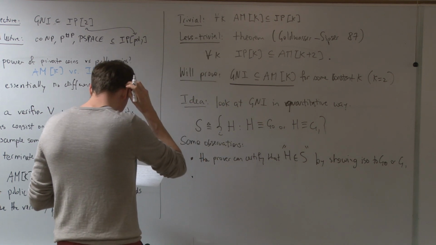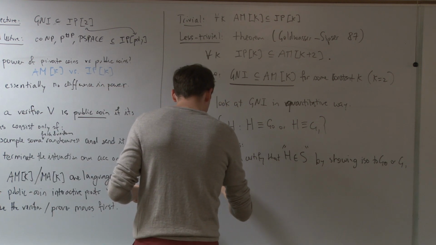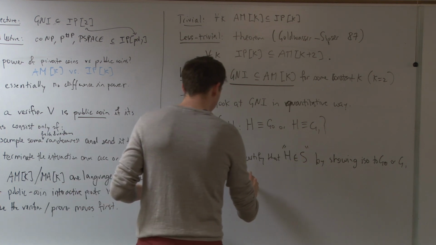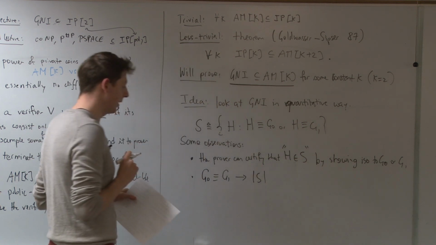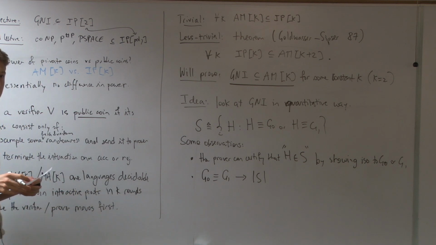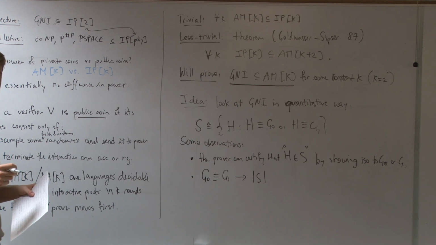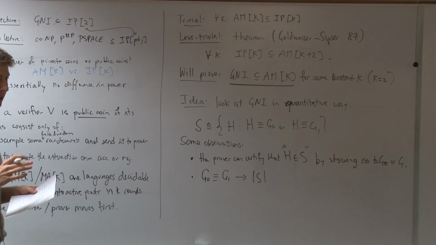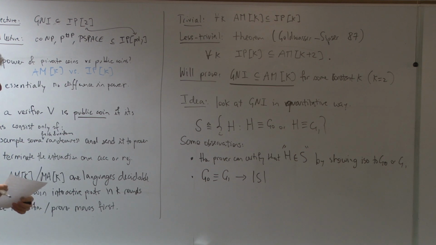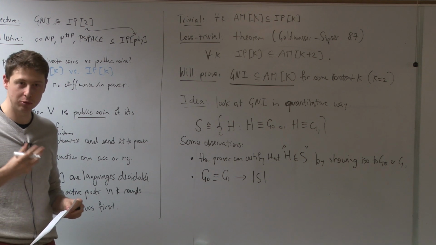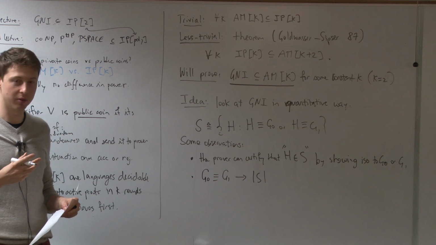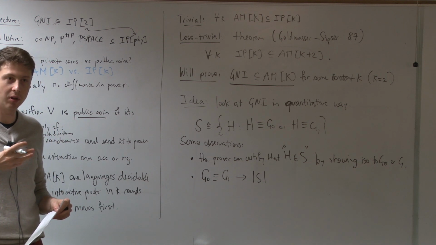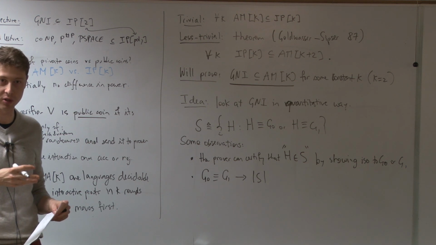Now, the crucial observation is that if G0 is isomorphic to G1, then what is the size of the set S? Yeah, n factorial. The reason I said I wasn't so certain is that it's not quite n factorial. A graph can have a so-called automorphism group, which means that certain non-trivial permutations are trivial transformations on the graph.